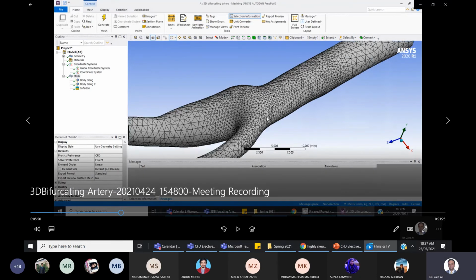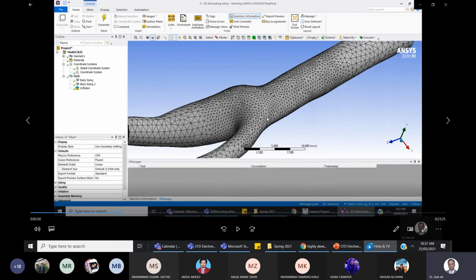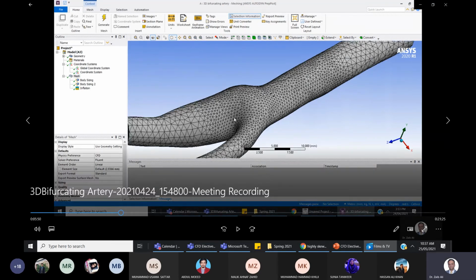So here you can see an example of a local refinement. We have defined the mesh this way because this region is important. Here we have shear stress developing, and there are some large gradients also. So we particularly wanted to define this region in order to capture the flow physics in more detail.